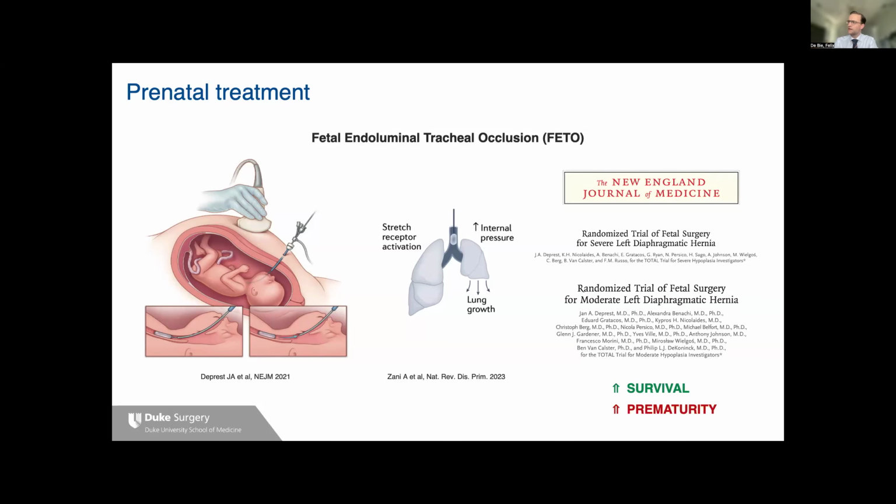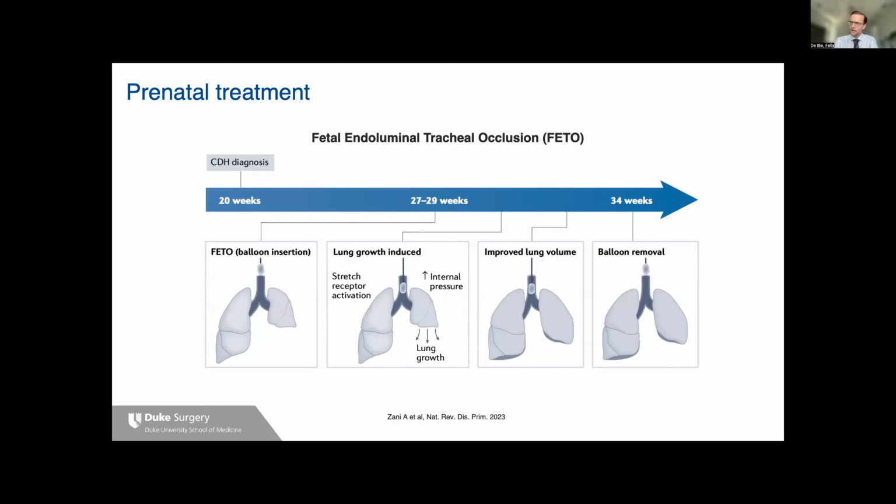So, given the breach in the fetal membranes, the placental membranes, it did cause an increased incidence of prematurity. So classically, the balloon is placed around 27 to 29 weeks and then removed at 34 weeks if the baby is not born by then yet. And that's to allow for a recovery of surfactant, which is subdued with continuous balloon occlusion of the trachea.